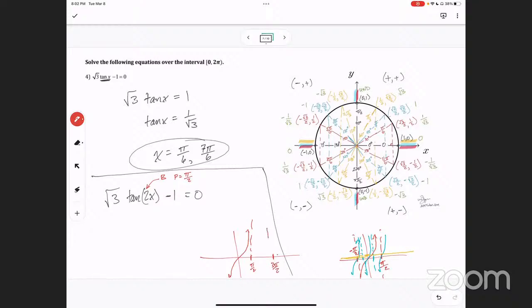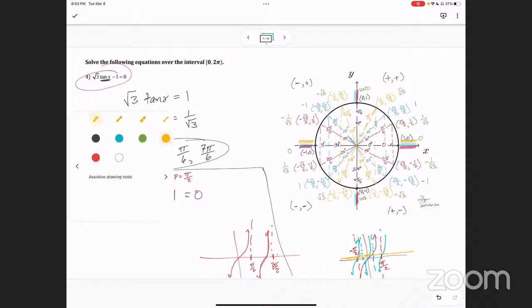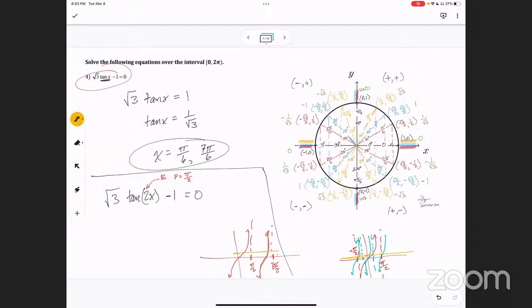There's my tangent graph from the one up here, number 4. I should have drawn it up there. And do you see that yellow line right there? There are my 2 answers. That's pi over 6, and this one is 7 pi over 6. Those were my 2 answers between 0 and 2 pi.